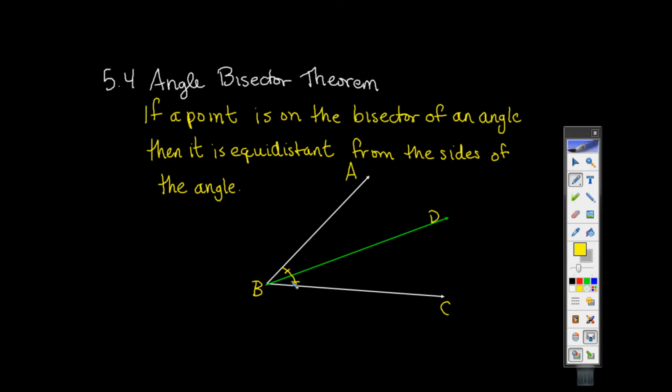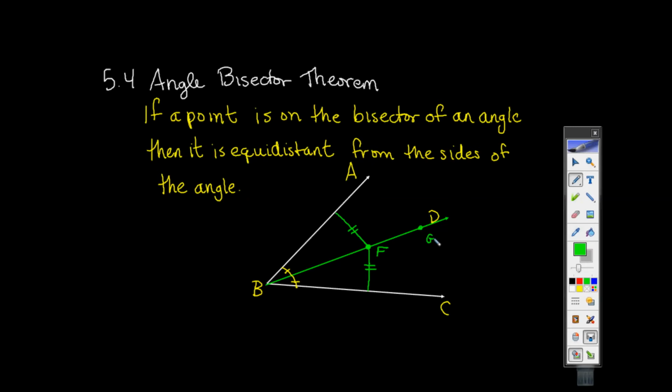Well, if that happens, then what also happens is that if I measure the distances here and here, if I have a point, just any old point, we'll just call it F, it could be any letter, on the angle bisector, then it is equally distant from the two sides.